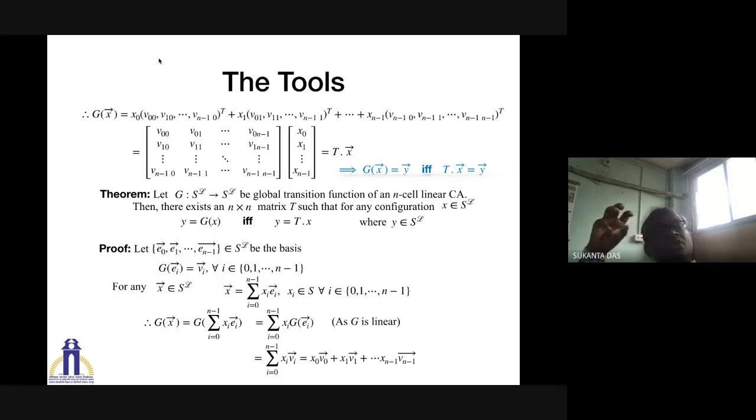In the CA definition, we specify the lattice, state, neighborhood, the rule or set of rules, and the rule vector, but not the G. So when rules are given, the question is, from those rules, how can we get this T? How can we get this T?